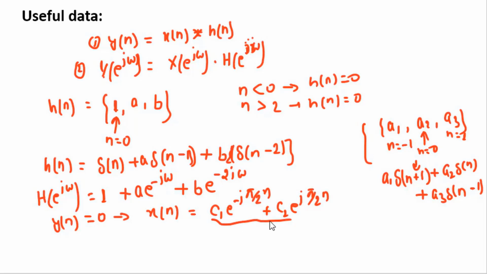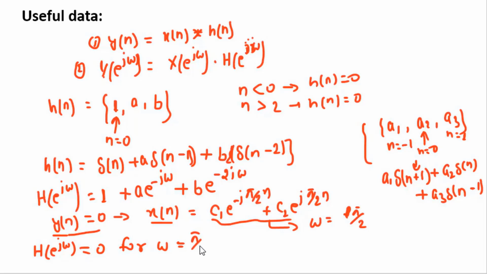So for this you can find omega equal to pi by 2. So if output y of n equals 0 and x of n is not 0, then this H of e to the j omega should be equal to 0 for omega equal to pi by 2.